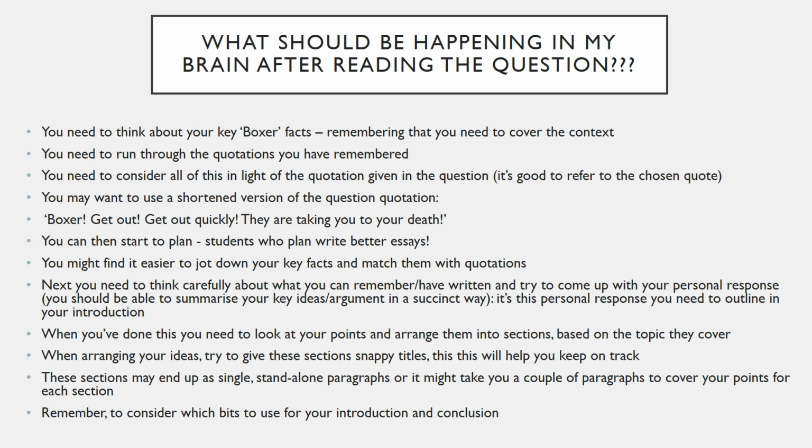It's a good idea to refer at some point within your answer to the chosen quote. Now, it may be that you want to use a shortened version of this quote. So here we've got, "Boxer, get out quickly, they're taking you to your death." You could even just take out the part, "they're taking you to your death," if that's going to be more useful for you.